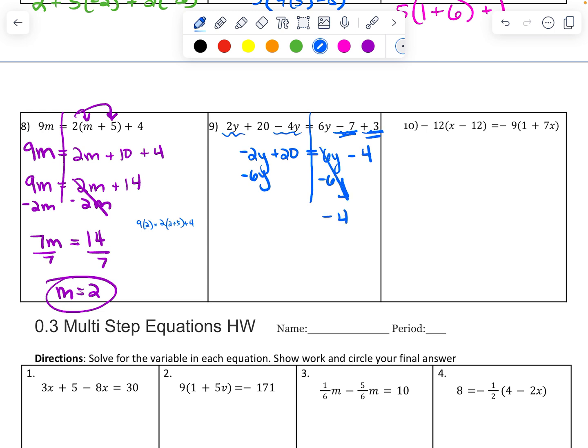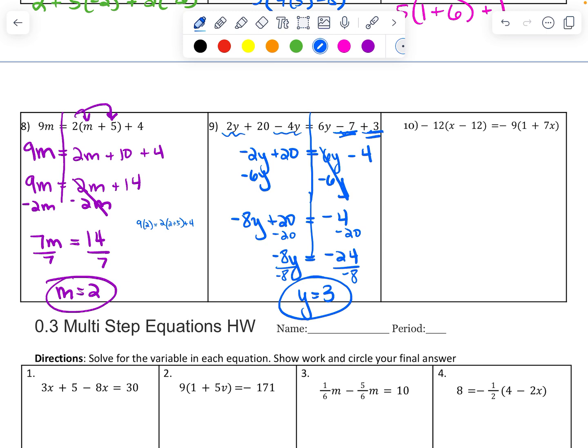So on this side I have a negative 4. On this side I have negative 8y plus 20. Minus 20, minus 20, negative 8y equals negative 24. Divide by negative 8, divide by negative 8, y equals positive 3.